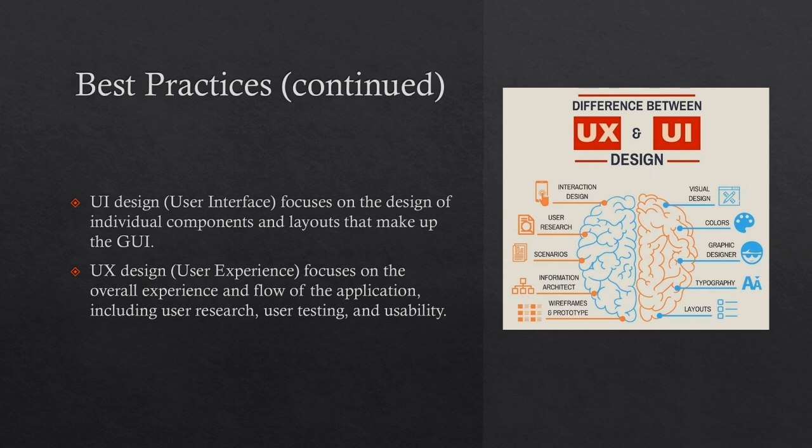UX design focuses on the overall experience and flow of the application and how things go from one website to another, which is the information architecture and the wireframes and user research, all essentially the hard stuff, while UI design focuses on the soft stuff.